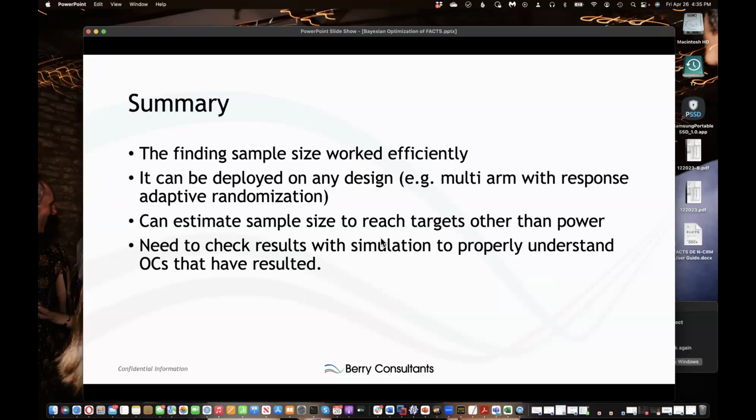So the sample size we think worked very nicely. It can be deployed on any design. So this could have included response adaptive randomization, arm dropping, anything like that, and we could still ask the question, what's the ideal sample size?